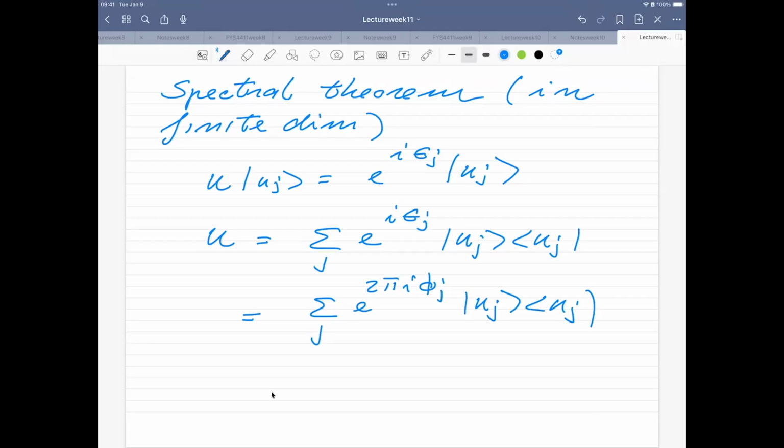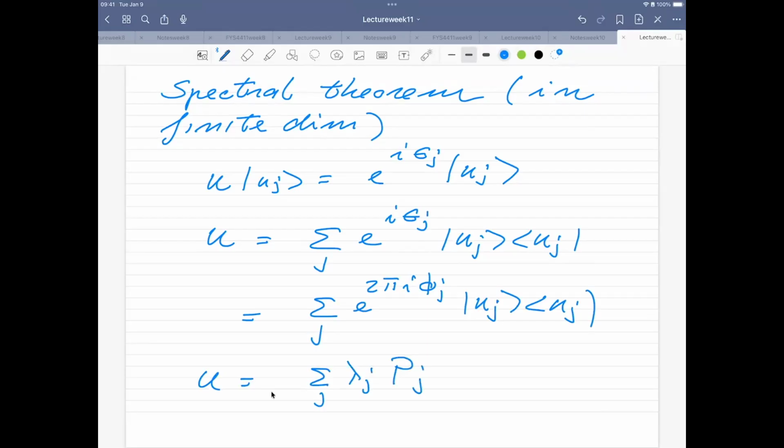So we saw that in the very beginning of the semester. This holds because we have a unitary operator. We could also rewrite this in a form which we saw earlier, where we wrote it as the sum over j of lambda_j multiplied with a projection operator.